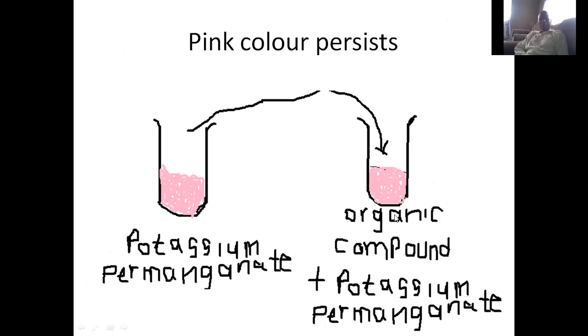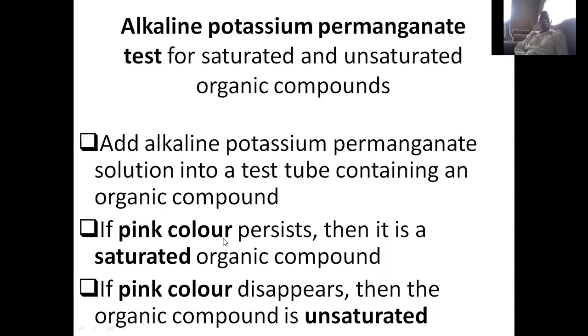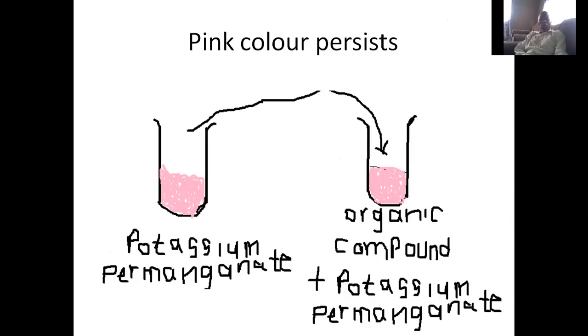If the pink color persists, meaning the color remains the same, it simply means we are dealing with an organic compound which is saturated. In our case, we are saying it is an alkane, since we are comparing alkanes and alkenes. Similarly, if the pink color disappears, then that organic compound is unsaturated.